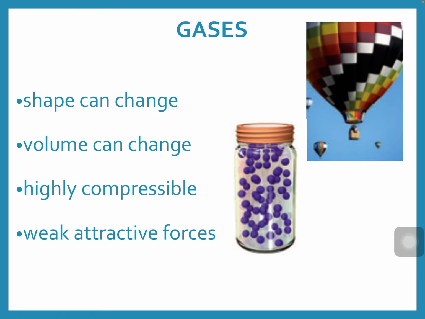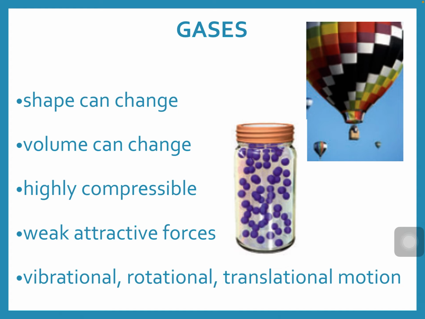Here the forces of attraction between particles are weak or non-existent, so there's no force holding them near each other, which is why they can move far away from one another, and there's a lot of space between them. Because of that lack of forces, not only will particles vibrate, but they can also rotate, and they can translate or move in straight lines. And unlike liquids, they can move far away from one another.